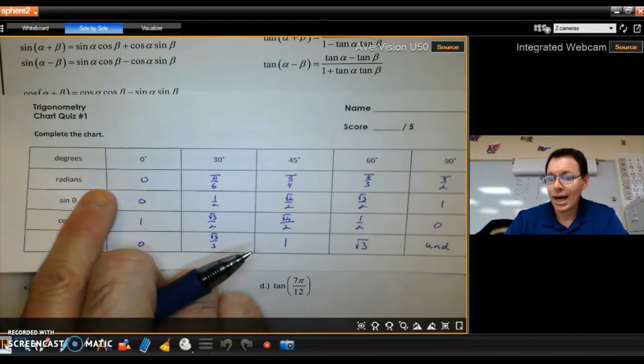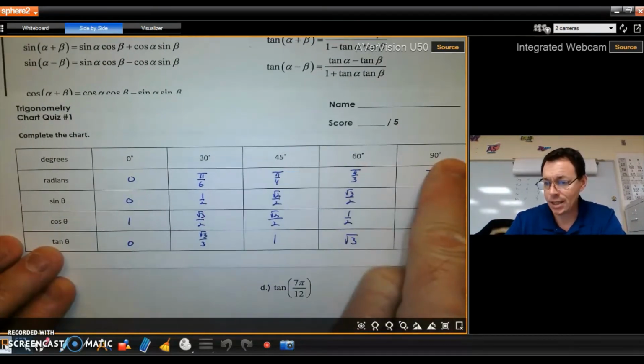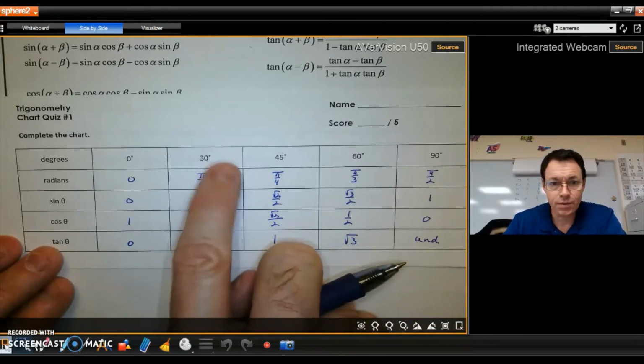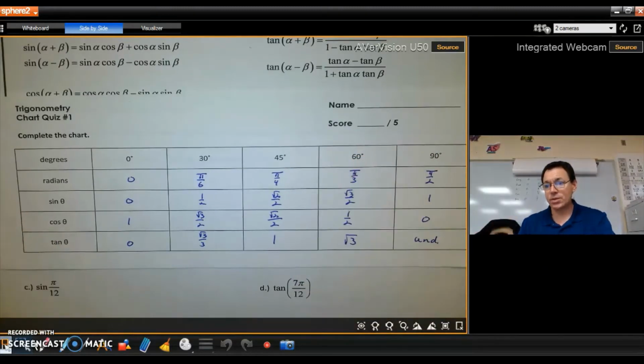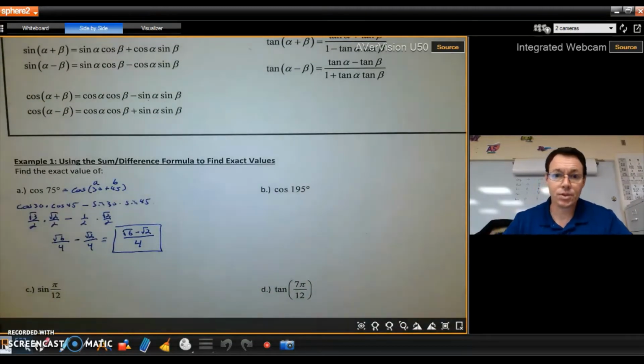So I don't just have to use 0, 30, 45, 60, and 90. I could also use angles like 150 that has a reference angle of 30, or 120, or 240, angles that have reference angles that are on our chart. So as long as the angles allow us to use our chart, then those are good values to use.